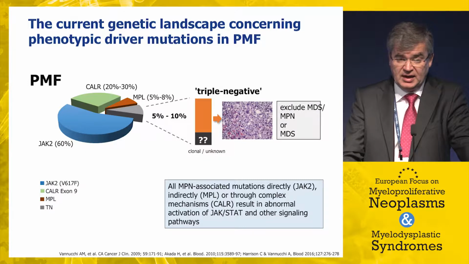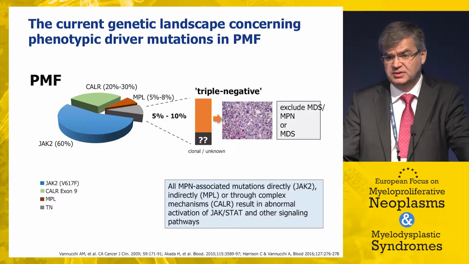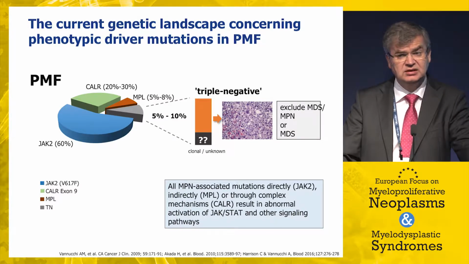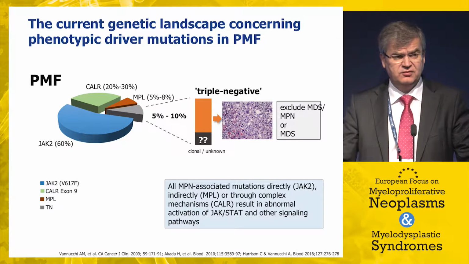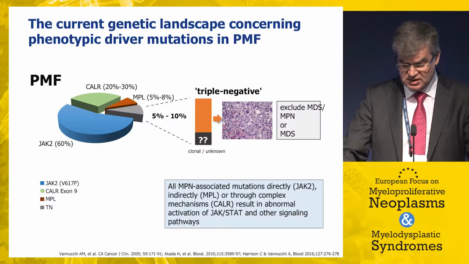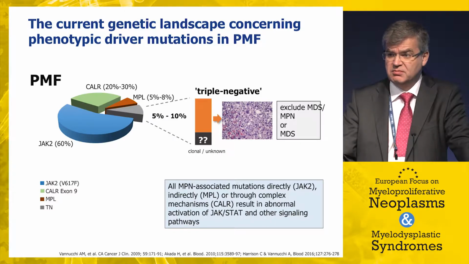So anytime I see a case which is labeled triple negative PMF, I always question whether this case has cytopenia, whether this case has dysplastic changes, and you can't make the diagnosis by the bone marrow biopsy alone. You need the full clinical information that also includes the peripheral blood smears and the bone marrow smears to, in particular, assess the amount of dysplasia.